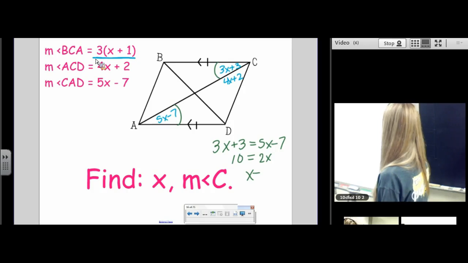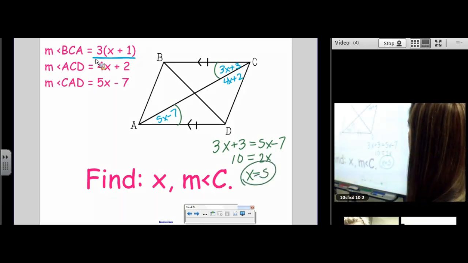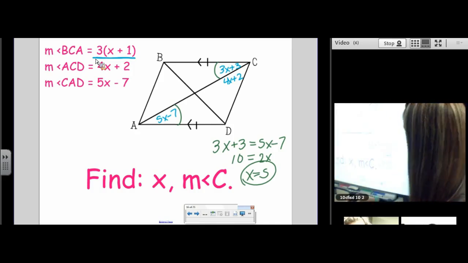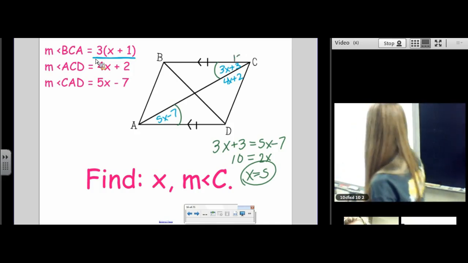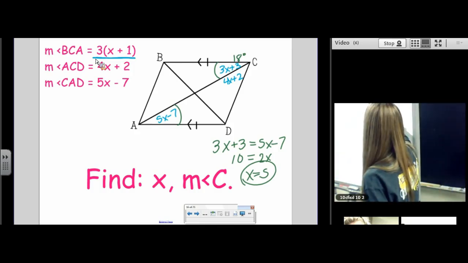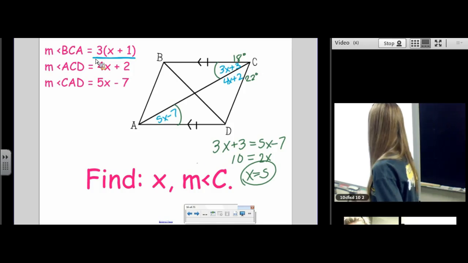X is 5. Then it said to find the measure of angle C, which is quite easy. We would just plug that into both of those. So 3 times 5 is 15, so that would be 18 for this angle. And then this would be 22. So the measure of angle C would be a 40-degree angle.